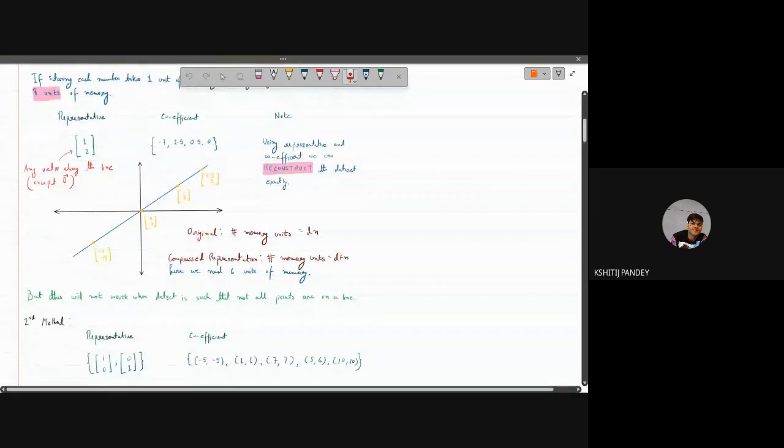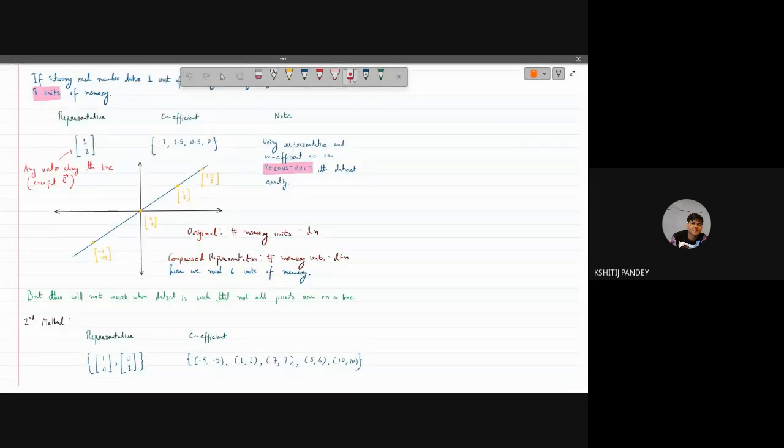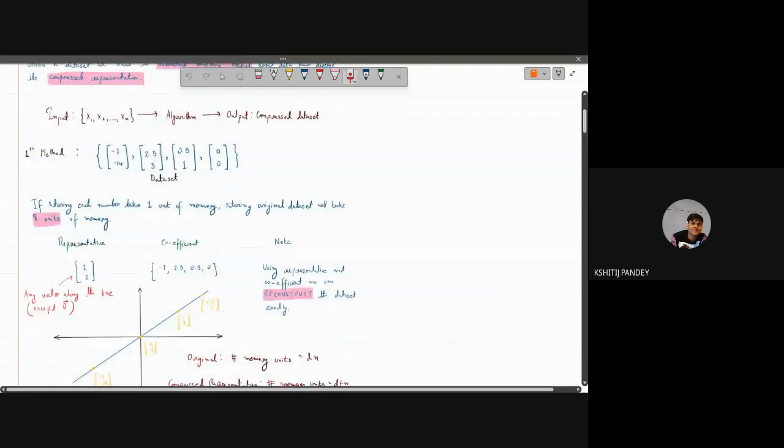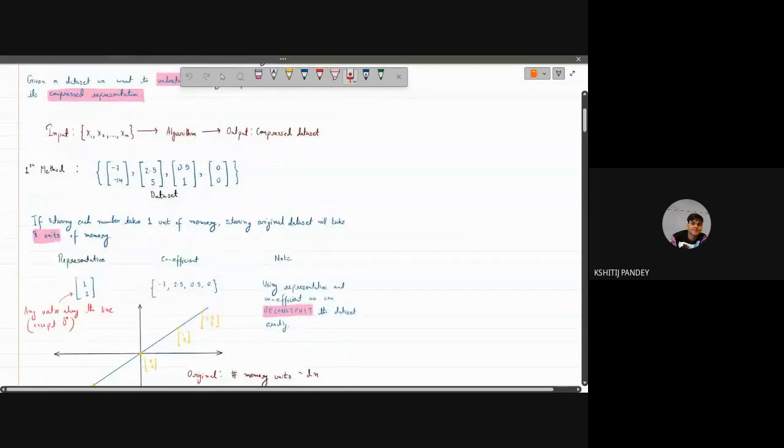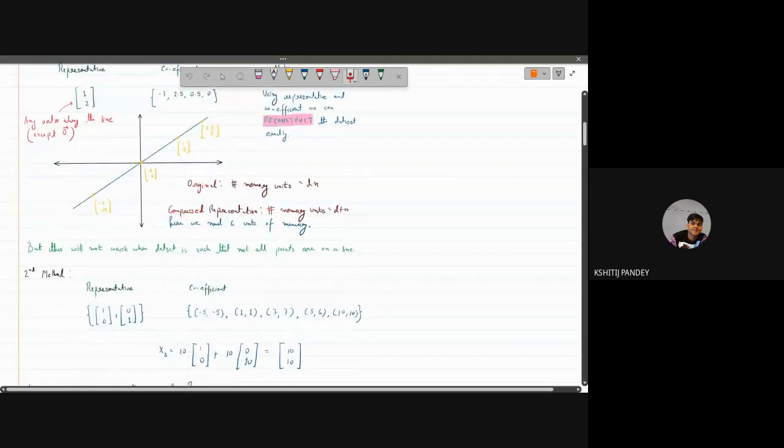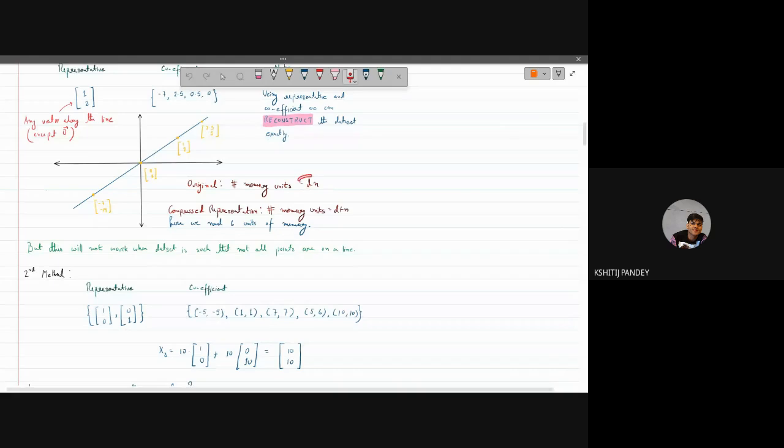Let's say for each number to store, we need 1 unit of memory. With the original data, when the data is in d dimensions and you have n data points, the original data will require n times d units of memory. In the compressed representation, we need to store one representative and the coefficients.